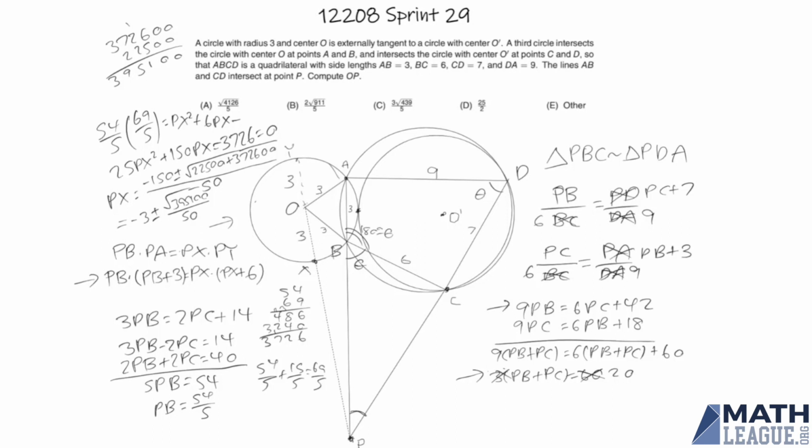From here, we know that OP is just equal to PX plus OX. In other words, we have a 3 plus whatever PX is. So that will cancel this negative 3 out, and then we have OP is equal to positive, because it's a length, square root of 395100 over 50.